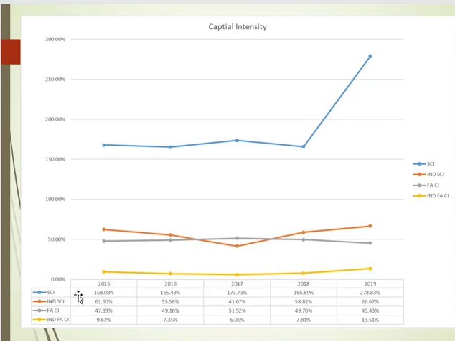And here, you see for the company, the total asset capacity. You see that Coors in general is much higher than the industry. So that means that Coors needs a substantial asset base in order to run its operations.